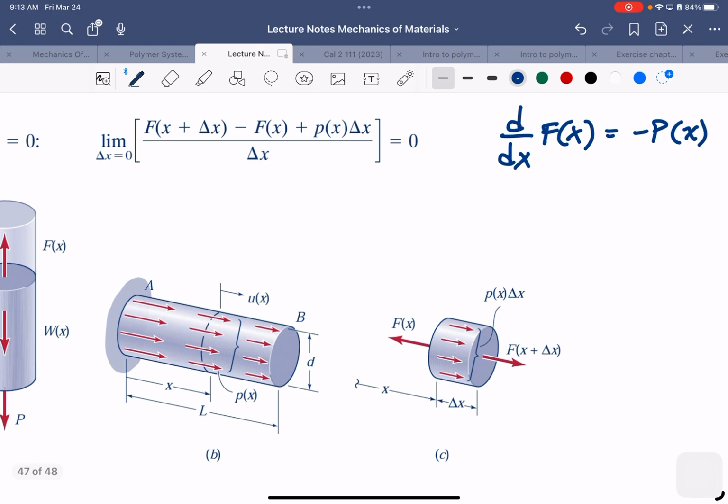P is the axial load distributed on the whole section, and F is the resultant.